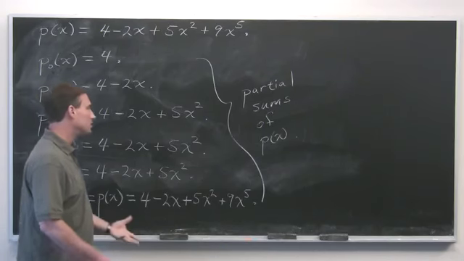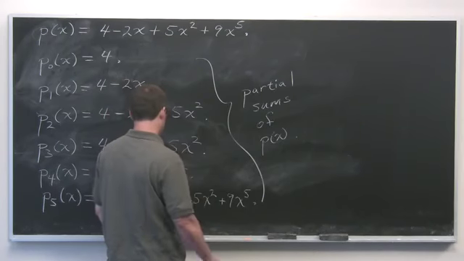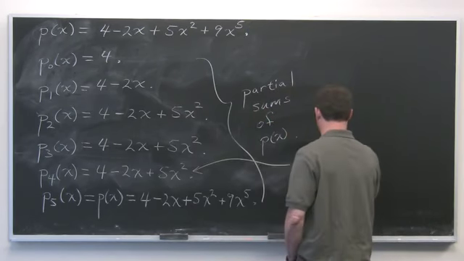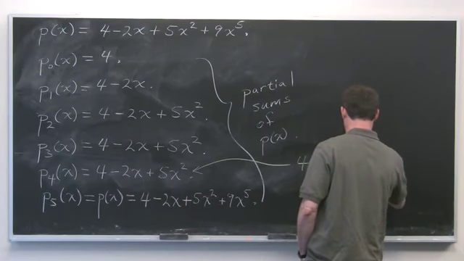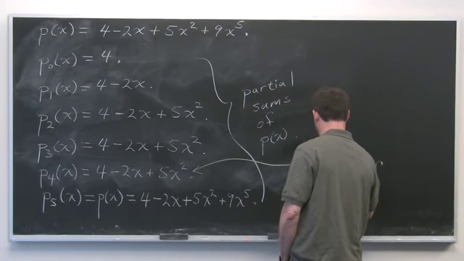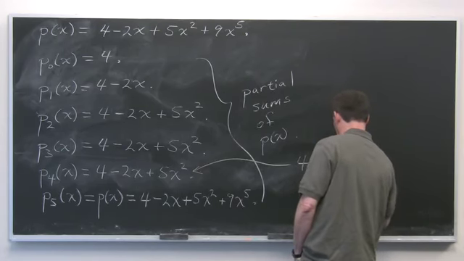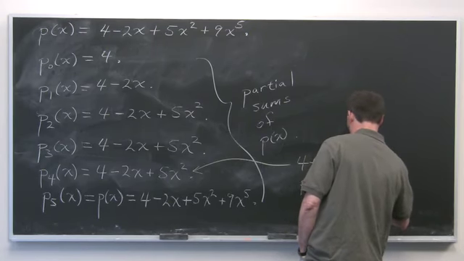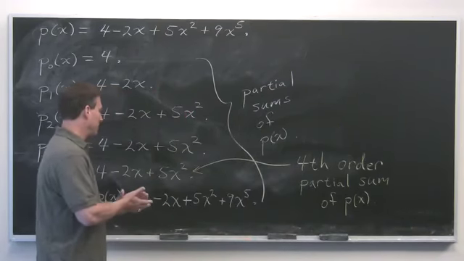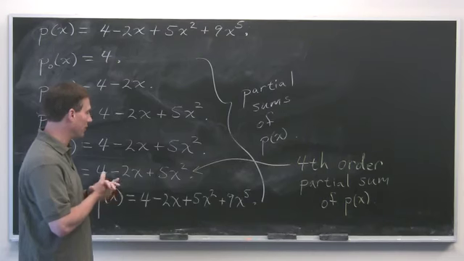This is a 5th degree. So we don't want to say degree, so we use another term. We would say, for instance, this is the 4th order partial sum of p of x. So you should think of the 4 as kind of the degree, except the x to the fourth term has a 0 in front of it. The x cubed term has a 0 in front of it.